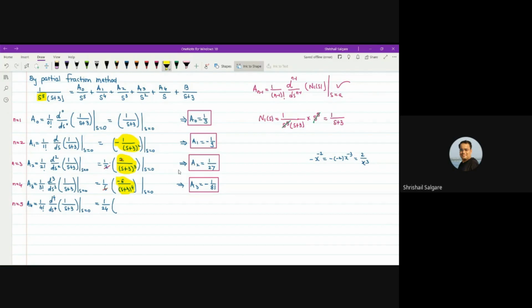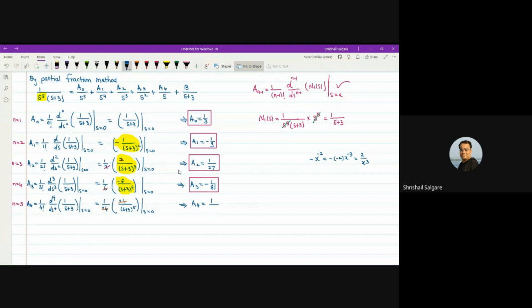What will be the derivative? 24 upon (s plus 3) raised to 5. Yes, excellent. And the value of this function at s equal to 0. Once again you can notice this 24 gets cancelled. Now the evaluation of the term, I think it's coming as a positive. a4 is equal to 1 upon 3 raised to 5.